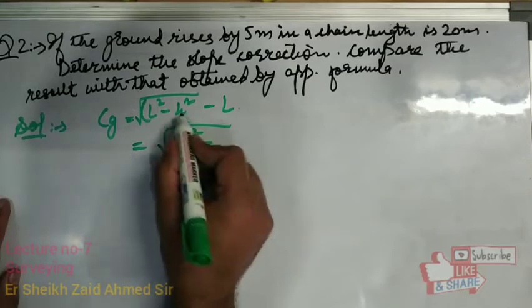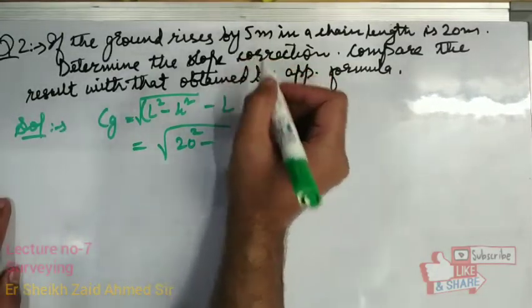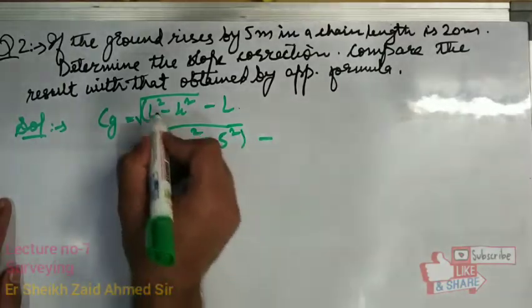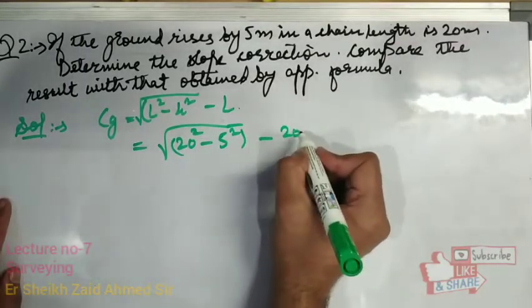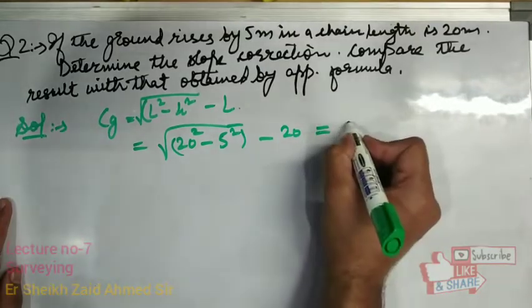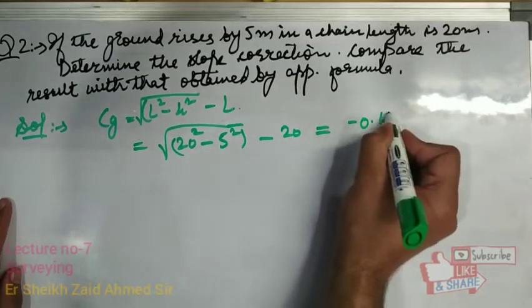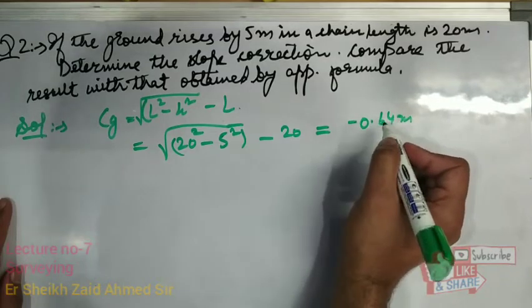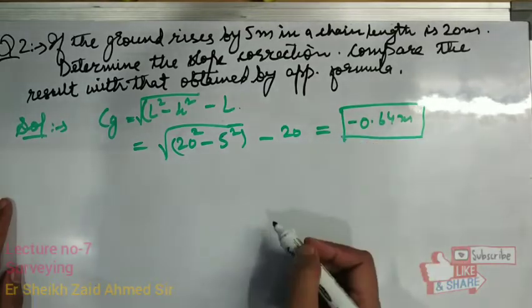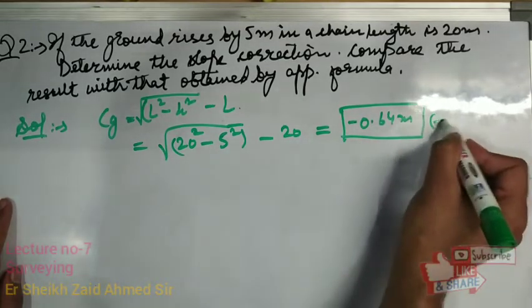So 20 square minus h, the rise, 5 square, and again minus 20. On solving these values, we will get minus 0.64 meter. So this will be the slope correction, and you see it's negative.